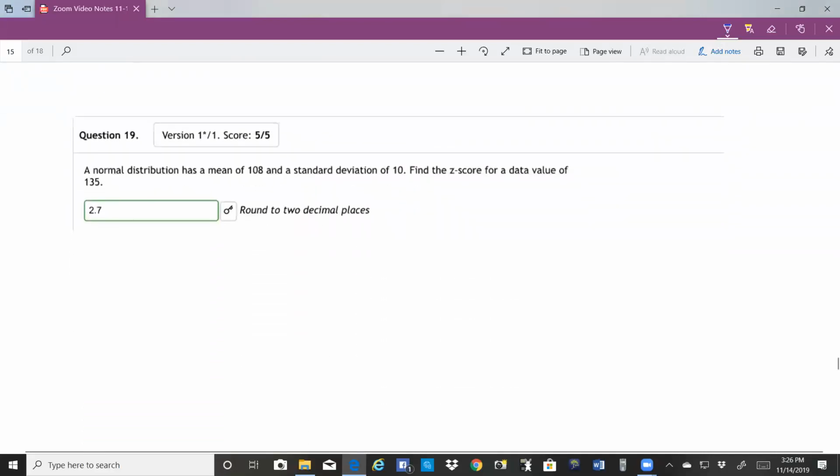Finally, we have a normal distribution with a mean of 108 and a standard deviation of 10. Find the z-score. Well, the z-score is the x value of the data point minus the mean divided by the standard deviation.